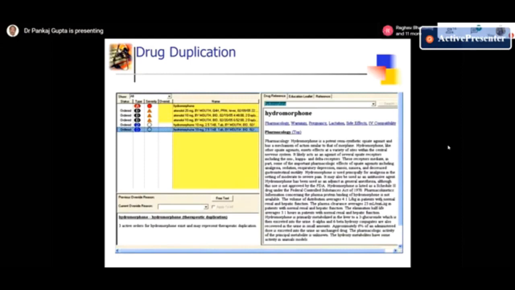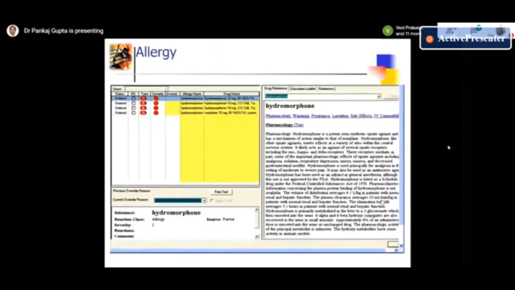Why do I always keep talking about Cerner? Because Cerner is a master of this game. Cerner has all this intelligence built into the system. When they go and implement it, this entire knowledge base comes along. So if there's an allergy to hydromorphone, the system will flag it and say, no, you can't do this because this patient is allergic.